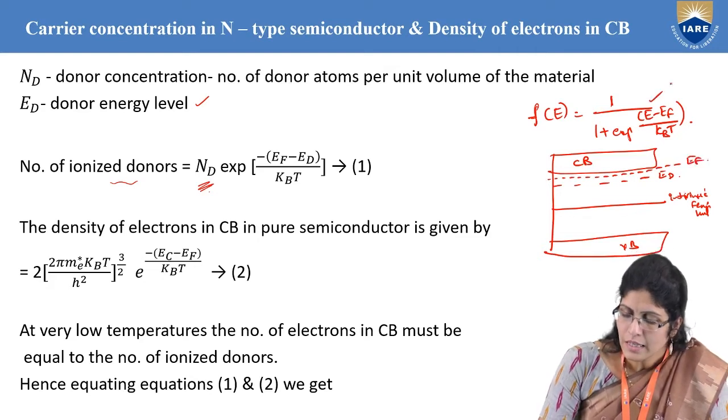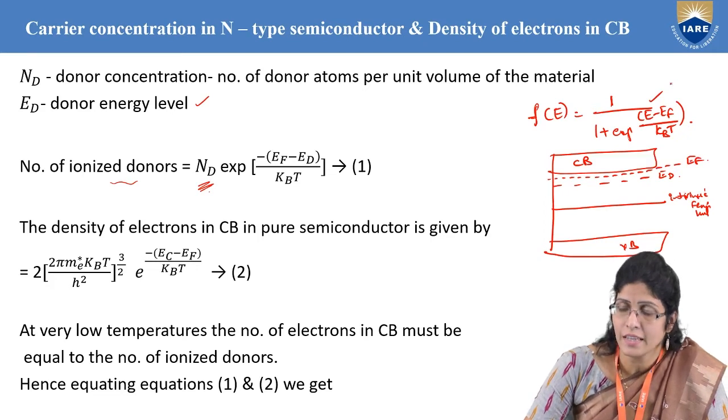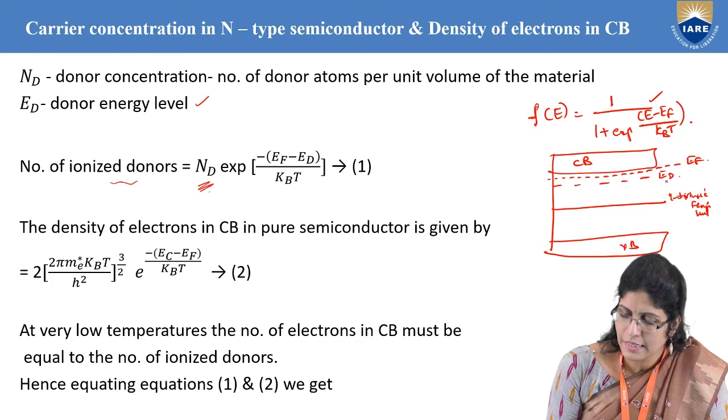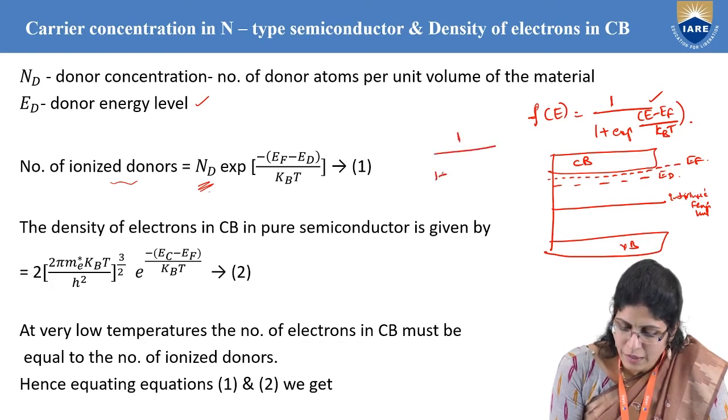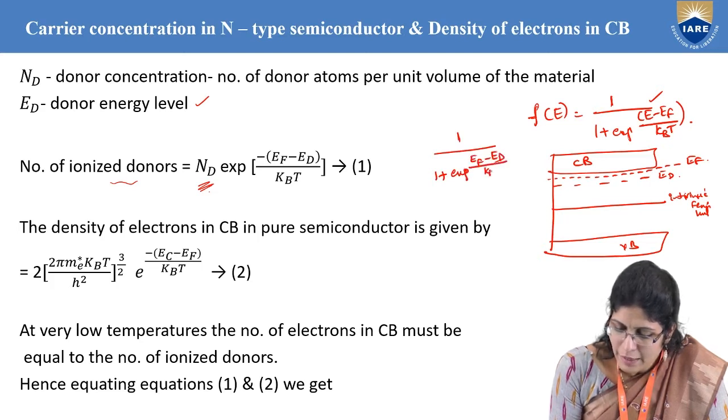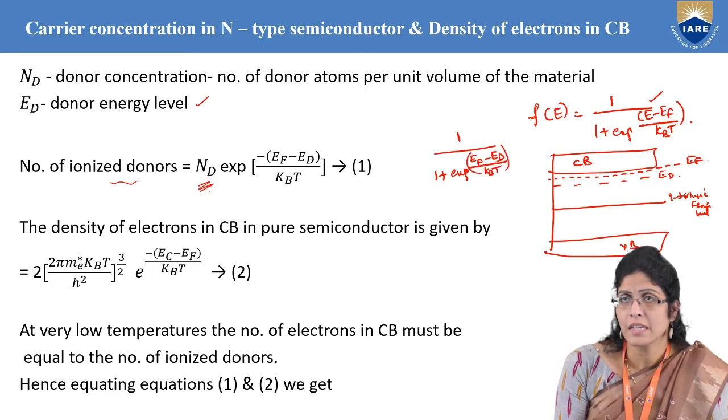So here E is much greater than EF. Now, EF is greater than ED. So what should you take now? 1 by 1 plus exponential of (EF minus ED) by kBT. And as EF is greater than ED, the exponential will always be greater than 1.